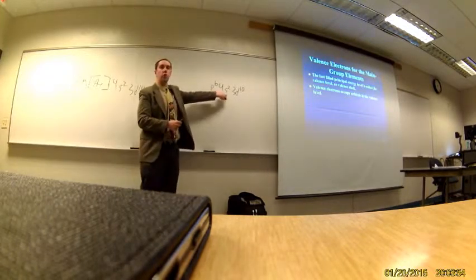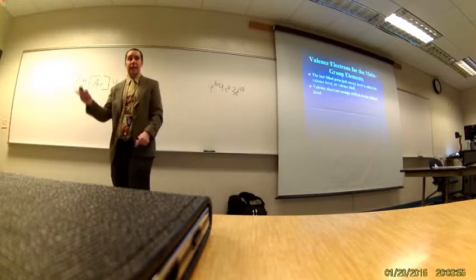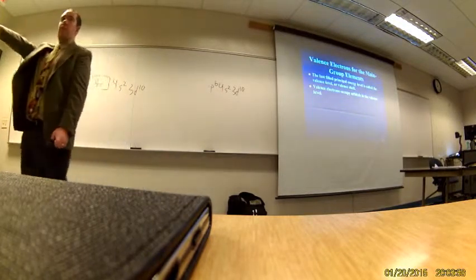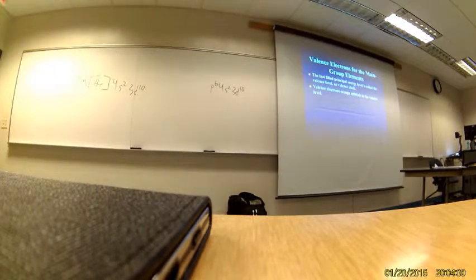In this case, it was 2. The easier way to do this is up here. You can have up to 8 valence electrons. Valence electrons are always in s or p. So you count 1, 2, 3, 4, 5, 6, 7, 8. All you have to do. How many valence electrons does phosphorus have?